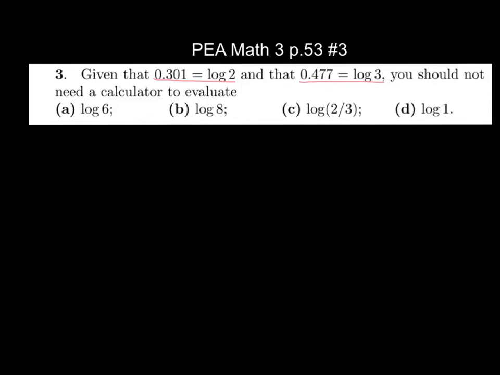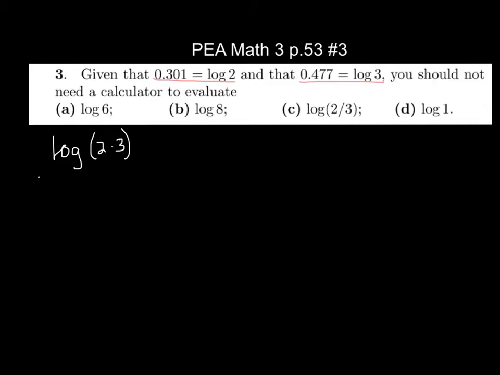So with log 6, we know that 6 is 2 times 3. So we can go log 2 times 3. Now when we break this into 2 logarithms, what do we do? We add them. When they're multiplied within the logarithm, we can break them up and add them.